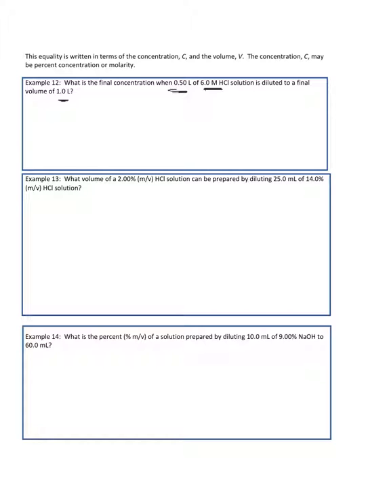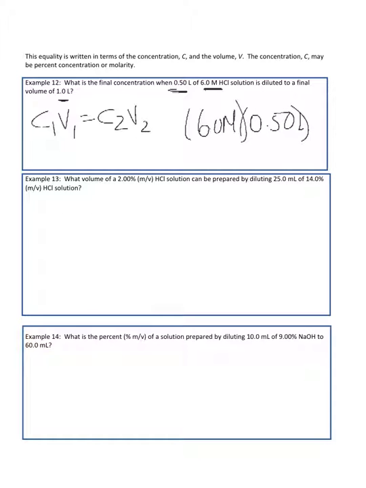So again, we have C1 V1 equals C2 V2. So our initial volume, our V1, is a half a liter. Our initial concentration is 6 molar, equals C2, which we don't know, times V2, which is 1 liter.